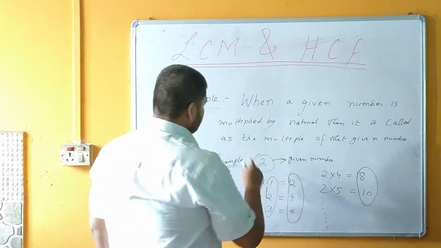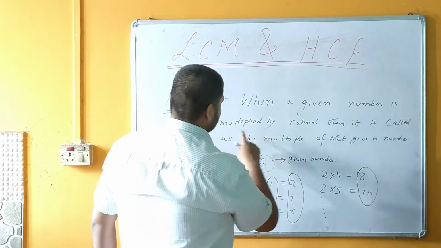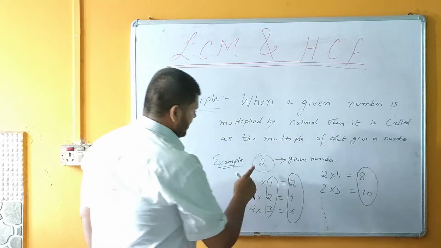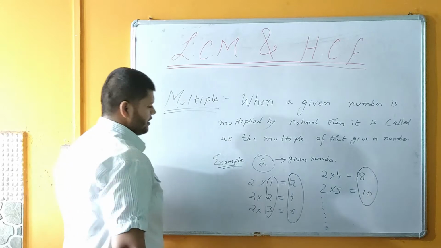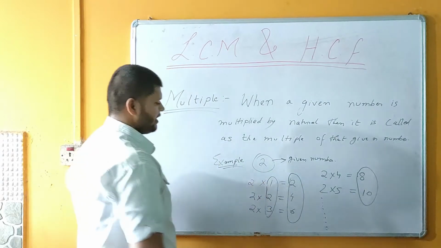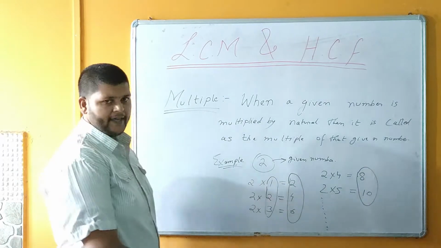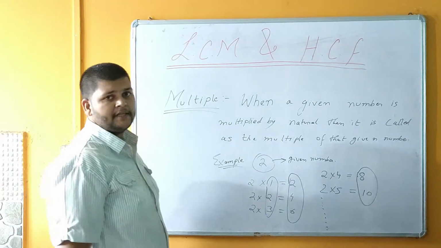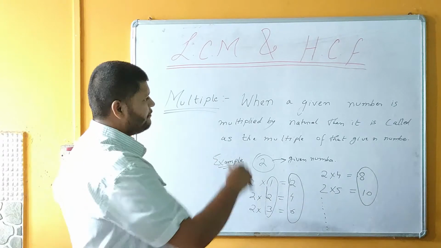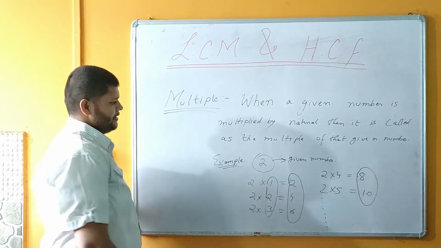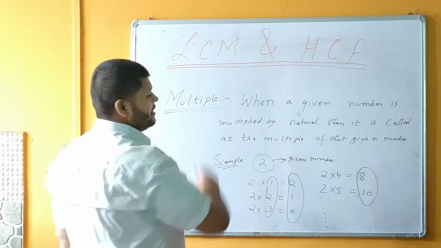So when a given number is multiplied by a natural number, it will produce the multiples of that given number. This is all about multiples. So how can you find the multiple? It is clear. Now we will dive into the LCM.